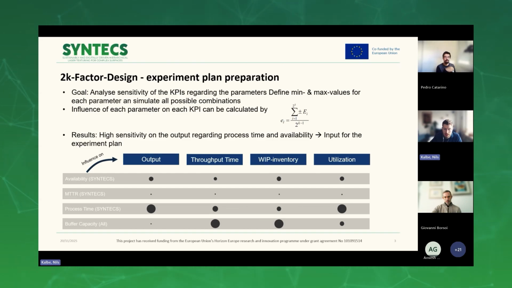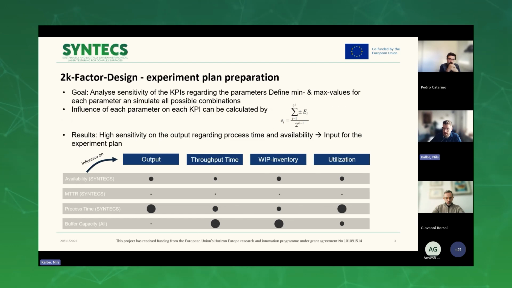For example, you can say the availability has a medium influence, as you can see here on the output. The process time has a higher influence, and mean time to repair, for example, has a small influence on the KPI. So that's a qualitative visualization here. We have clear data in the background for it, but for that, I think it's fine.